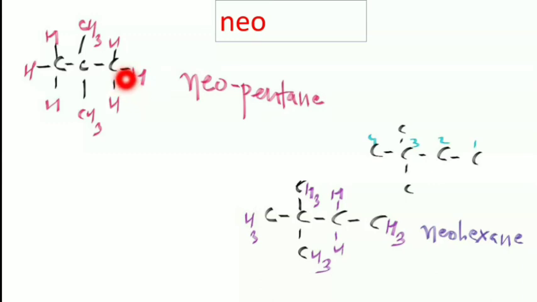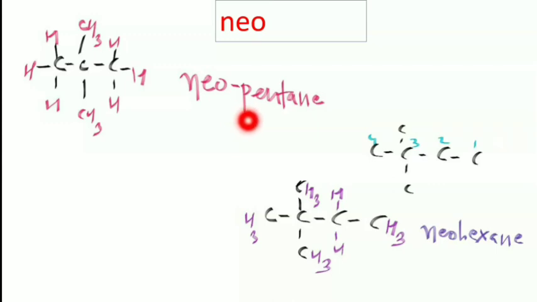You can draw the carbon chain 1, 2, 3, 4. This one is the last carbon atom and this one is the second last carbon atom, but on the second last carbon atom we have 2 methyl groups attached. Pentane contains 5 carbon atoms and the second last carbon atom has 2 methyl groups present on it, hence it is neopentane.